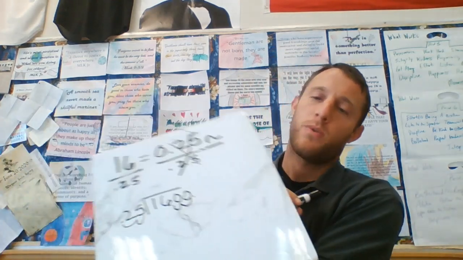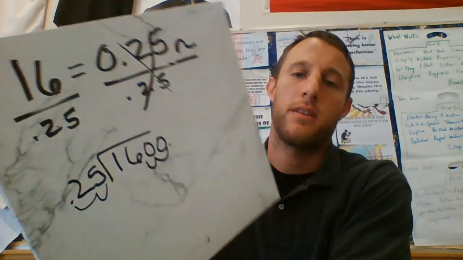So let's do that. We can do that long ways. Gotta think to myself, move the decimal point. 25 goes into 160. 25 times 6 is going to give me 150.